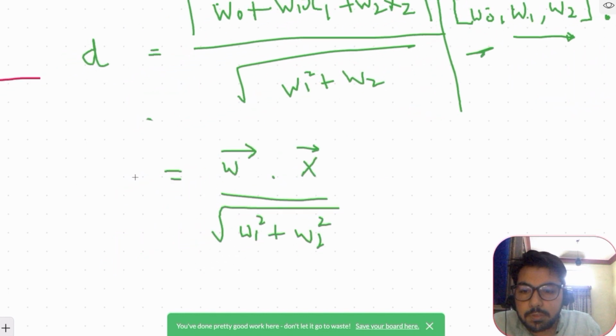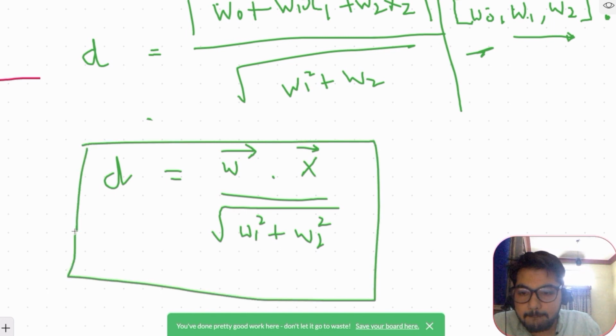This would be our distance. So distance is basically this formula which is shown here.